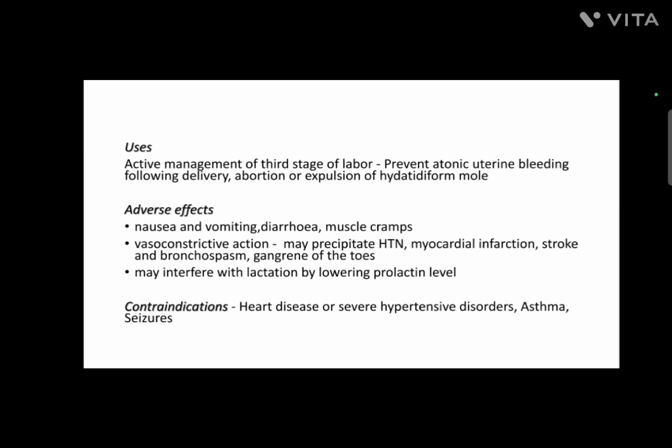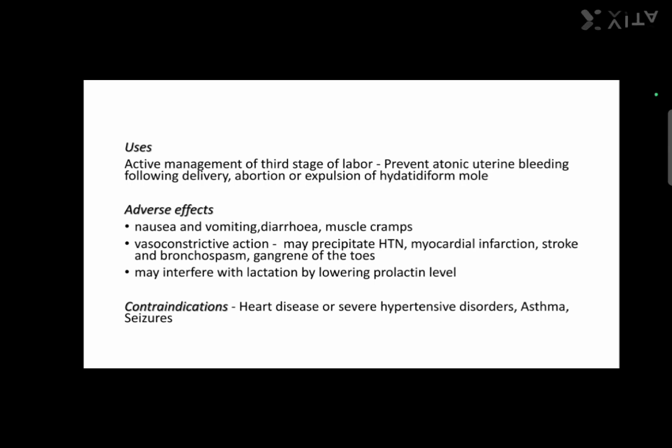In a trauma case, it is of no use. In case of thrombin, it is of no use. In case of tissue also, it is of no use. We should rule out why there is atonic bleeding. Is there any retained tissue, or any bleeding disorders, or any thrombin present? And you should also remember about tissue tears, that is vaginal tear or cervical tear.